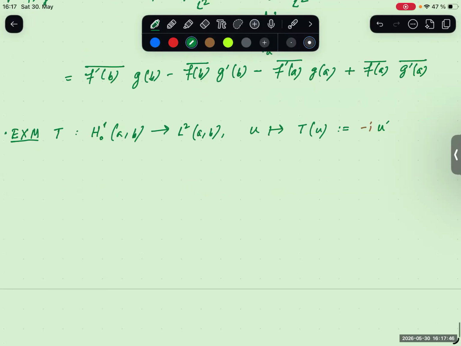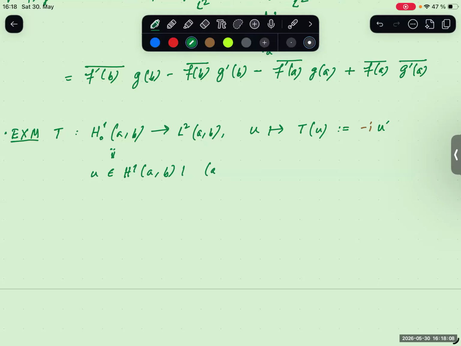And the question is, what is this space? So this is u in H1(a,b) as you expected, and the additional thing is that at the boundary they vanish.